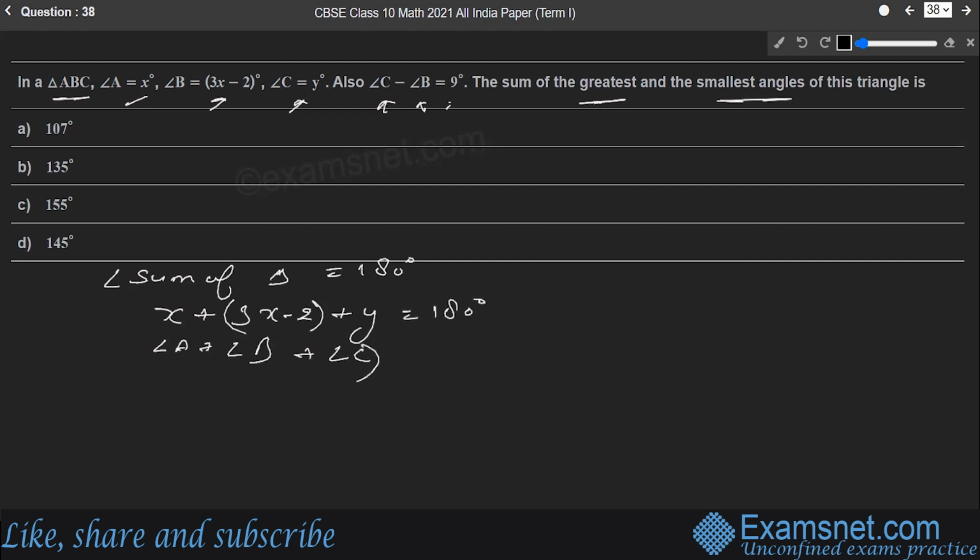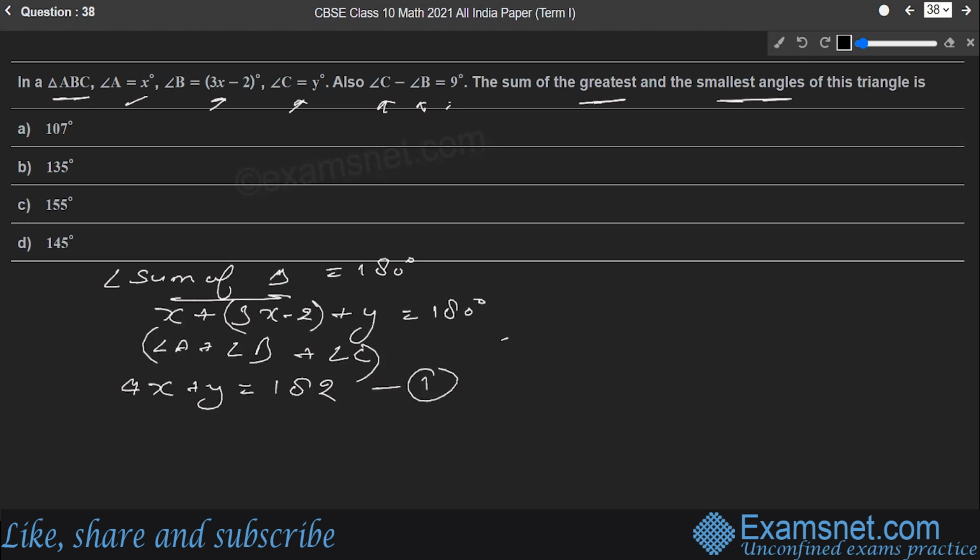If we solve this further, this gives us 4x plus y is equal to 182 degree.